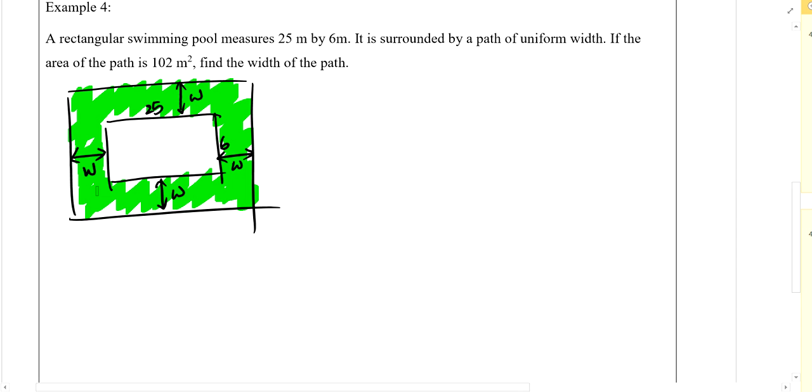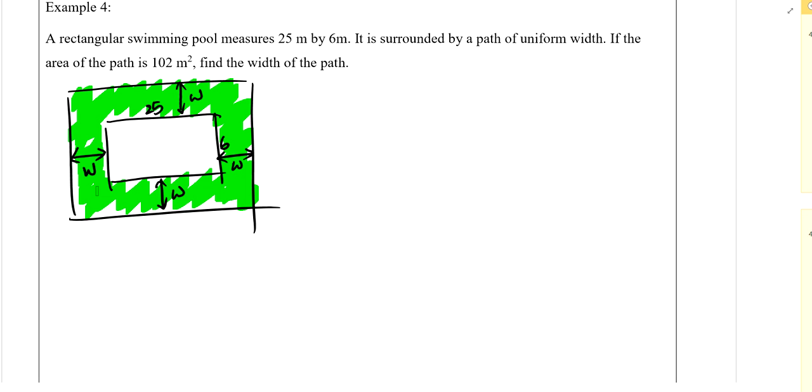Normally, how do we find the area of the shaded part? I've got a big rectangle, I've got a small rectangle. So what minus what to get the area of the shaded region? Big area minus small area, right? Which one can you find first? You can find the small area very easily, which is 25 times 6.